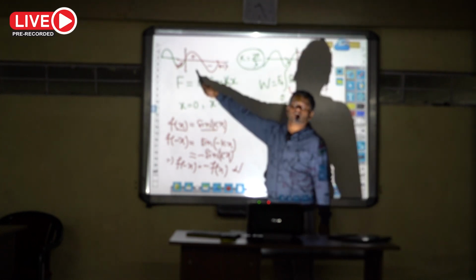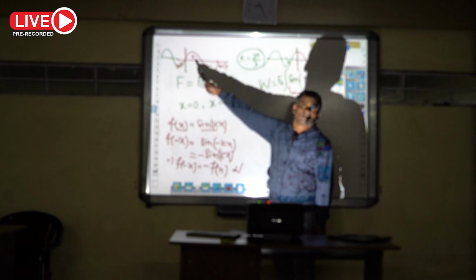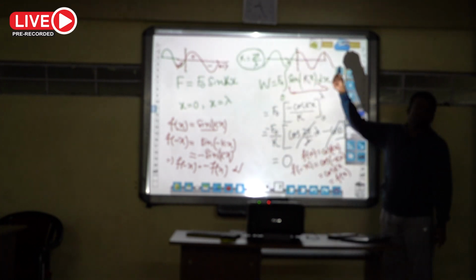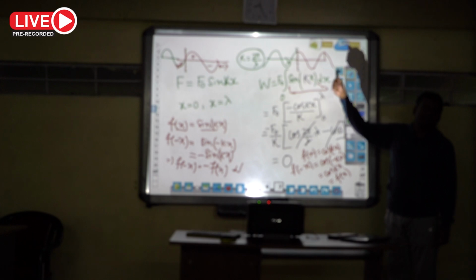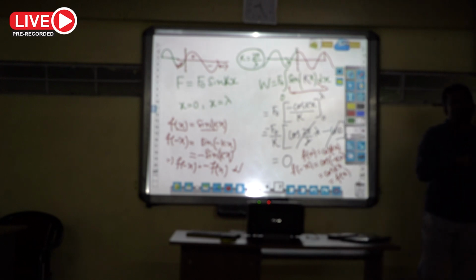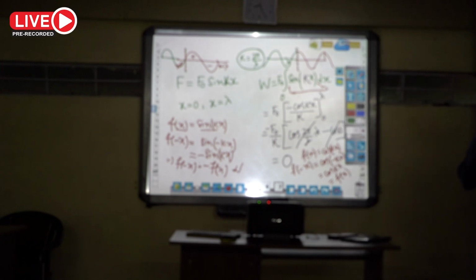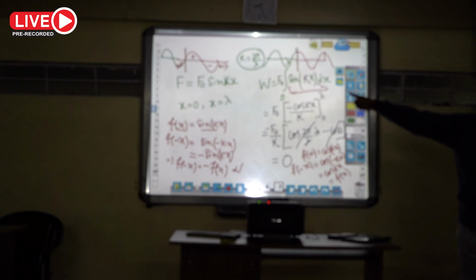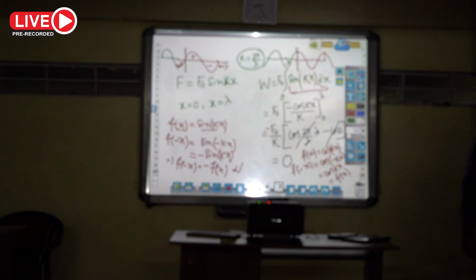So this is the property of the odd function, and this is the property of the even function. For all even functions, the graph will be symmetric, and for all odd functions, the graph will be asymmetric. So this property, if you can remember, you can bypass the long integration to find the result directly using these properties.